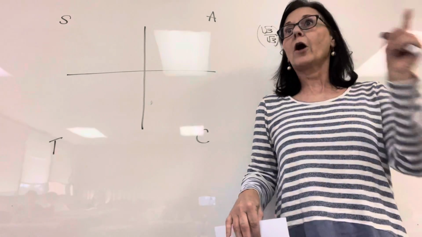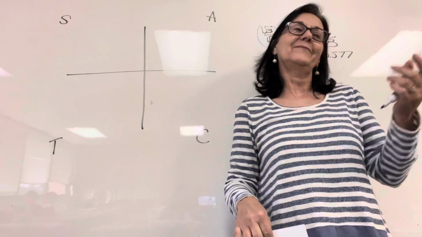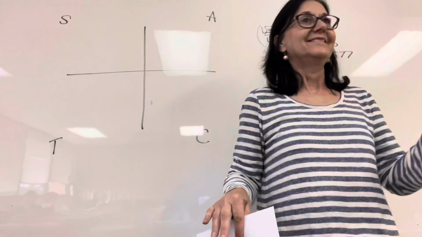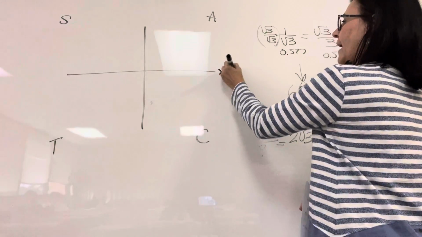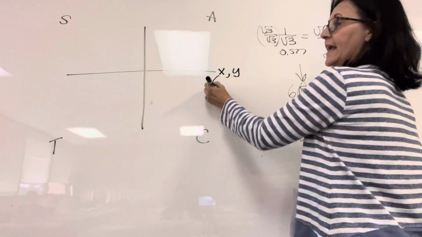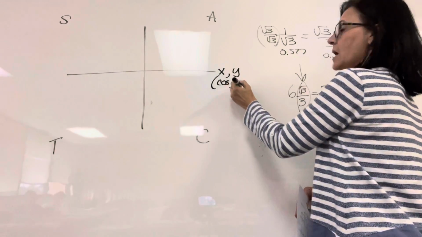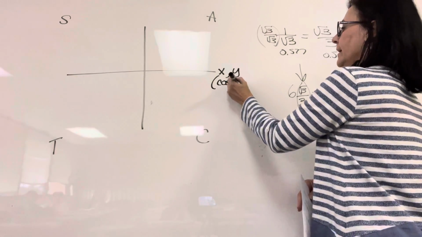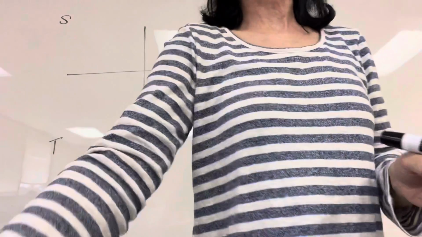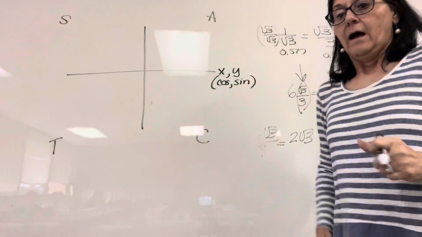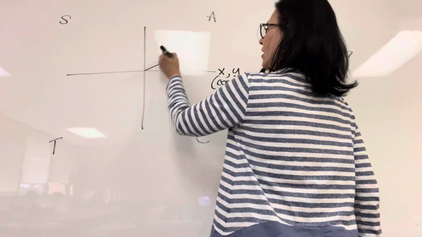R cosine, you sine. So if I'm thinking about x and y coordinates, the x goes with the cosine, the y goes with the sine. Got it?